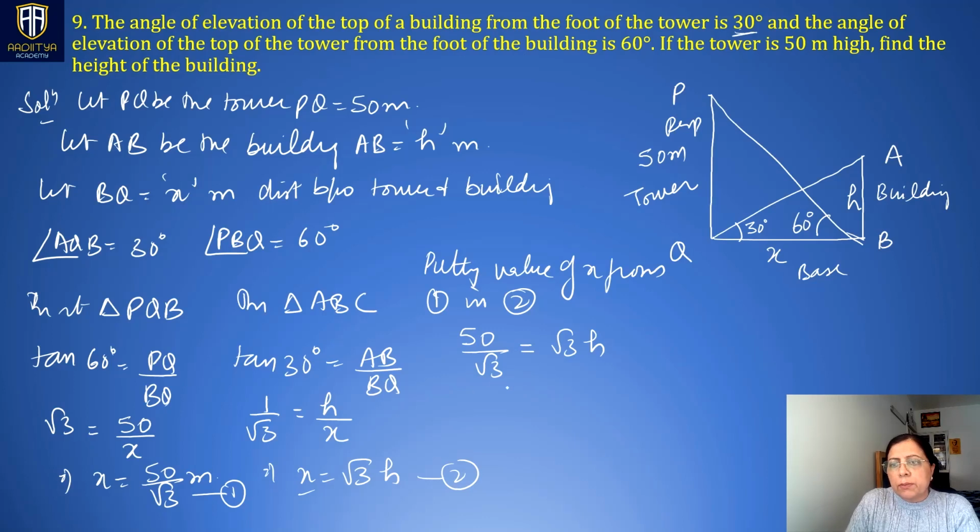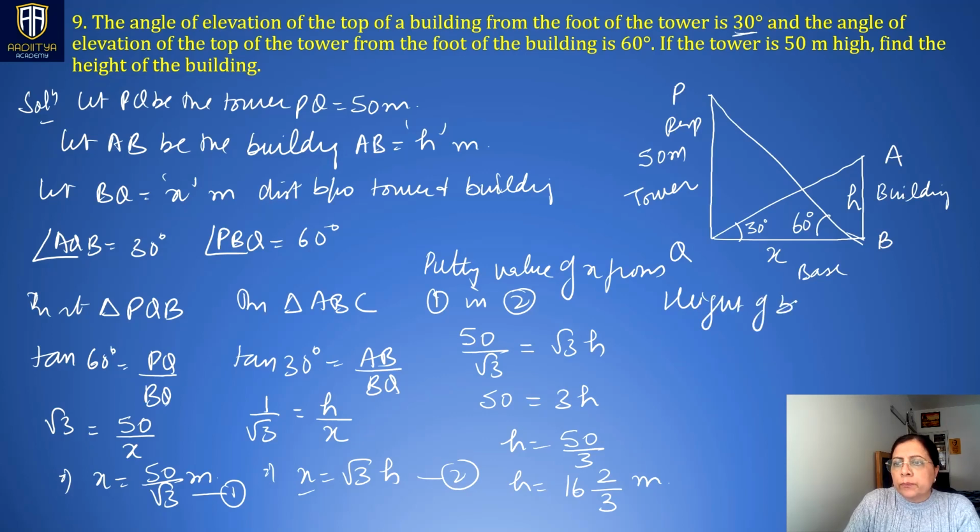So now by cross multiplying, we can write 50 is equal to 3h, right? So h becomes 50 by 3, that is, in fractions we can write 16 2 by 3 meters. So the height of building in this case is 16 2 by 3 meters, right?